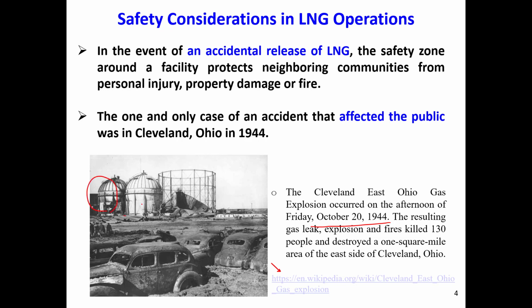They had three LNG storage tanks. The LNG vapor from one of them was leaking, and it led to an explosion, and it killed 130 people, and it destroyed about 1 square mile area of the east side of Cleveland in Ohio.